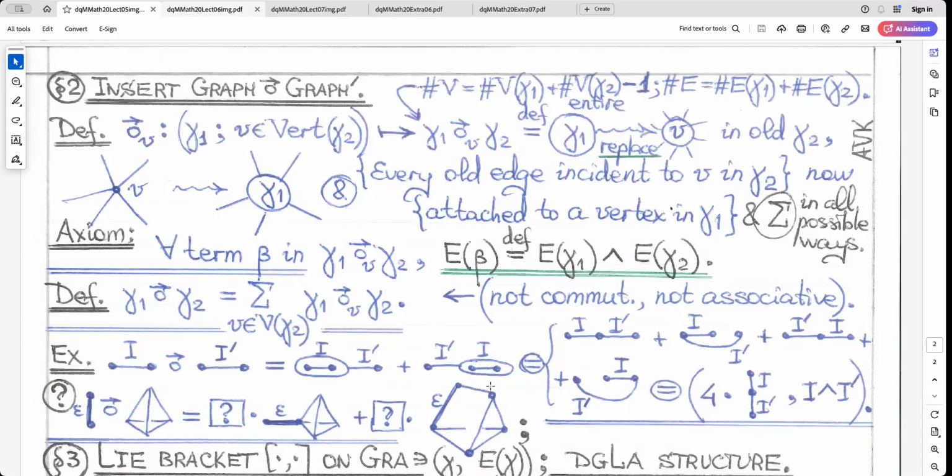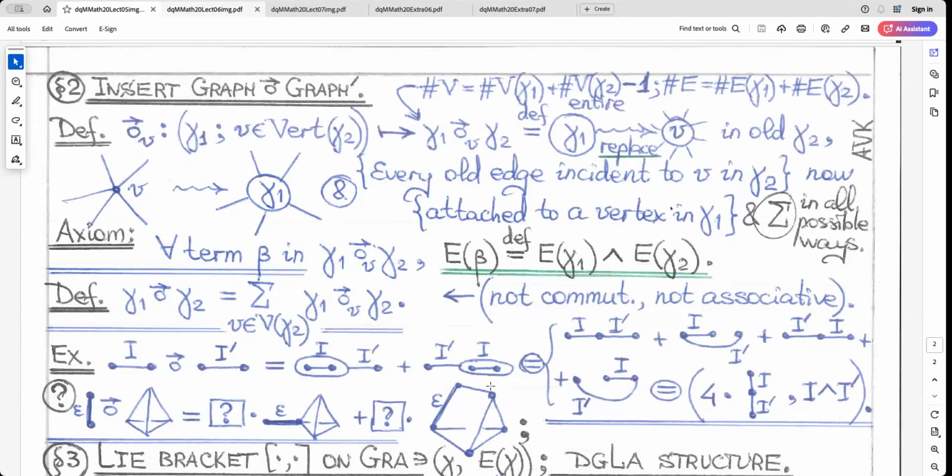Every such insertion provides a formal sum of graphs with multiplicities 1 and this edge ordering. And now we insert gamma 1 into this vertex of gamma 2, into that vertex of gamma 2, into everything.